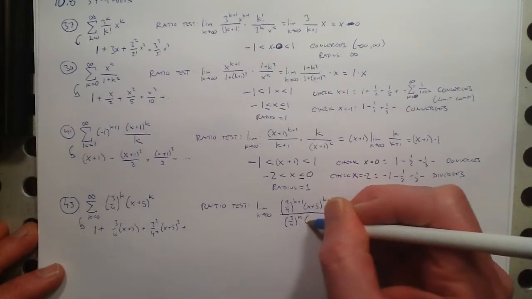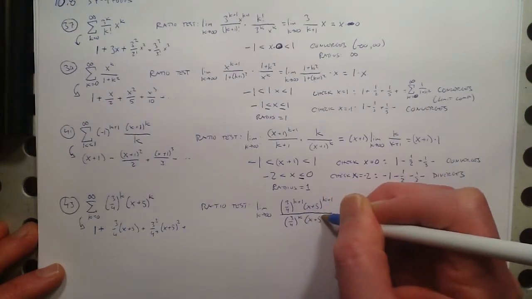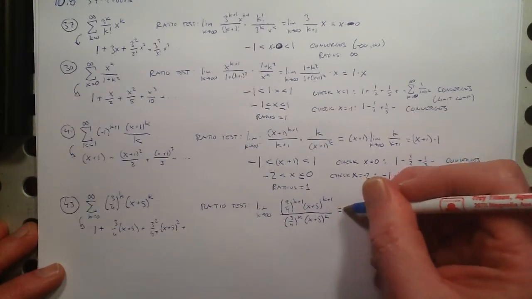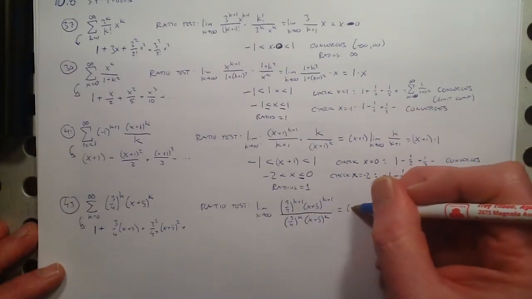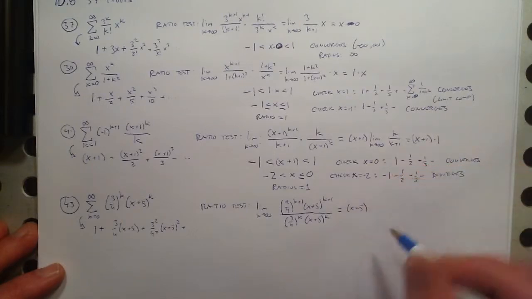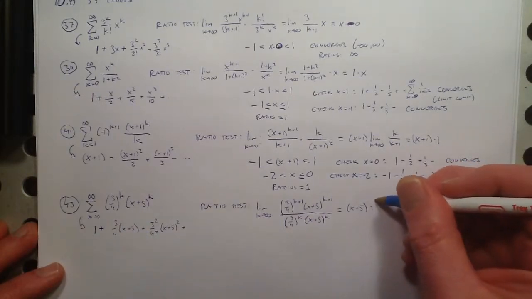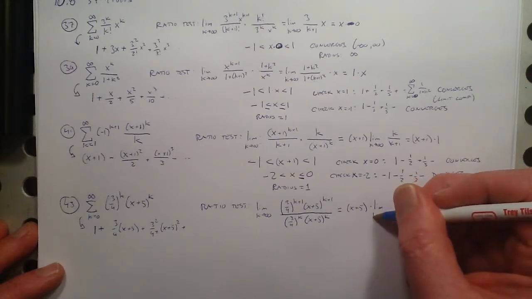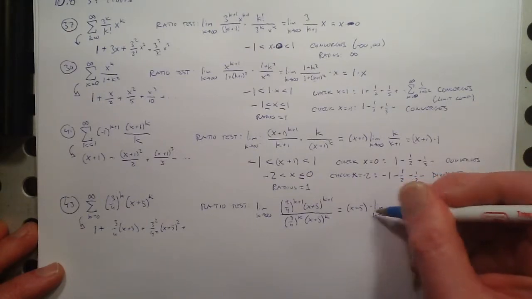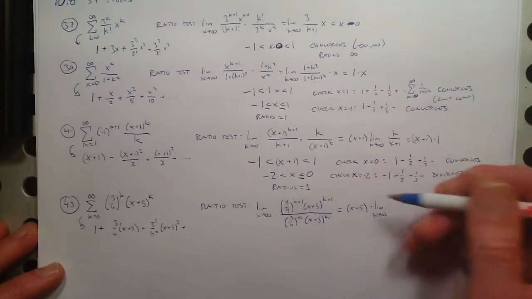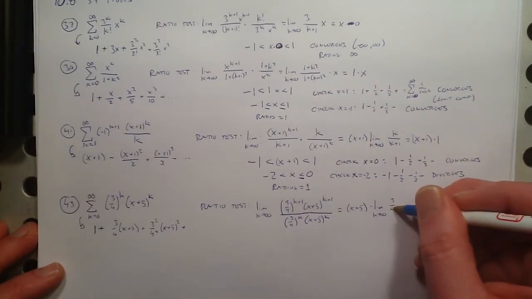I don't have to do the multiplying by the reciprocal game. I have 1 x plus 5 left over. So you can see, where is this series centered at? Centered at -5. Then I have here 3/4. I have an extra 3/4 there.